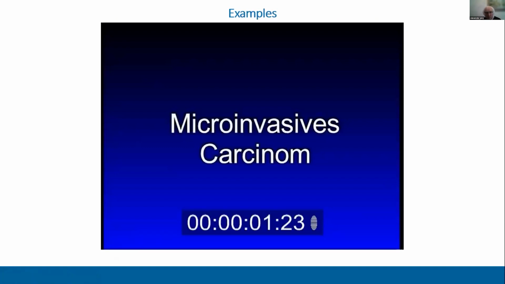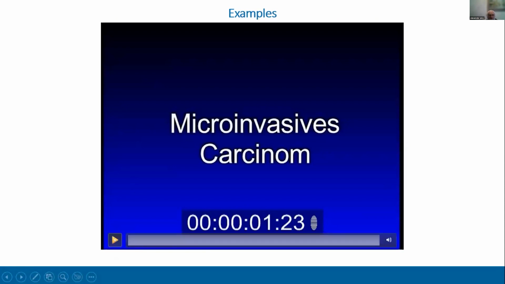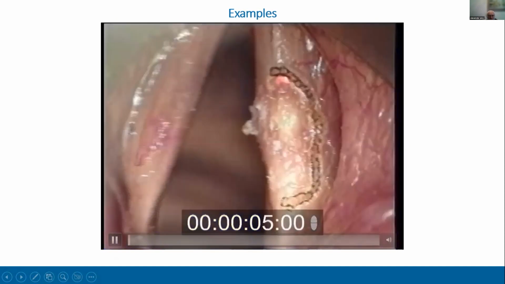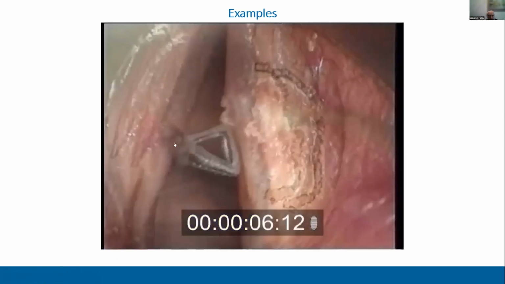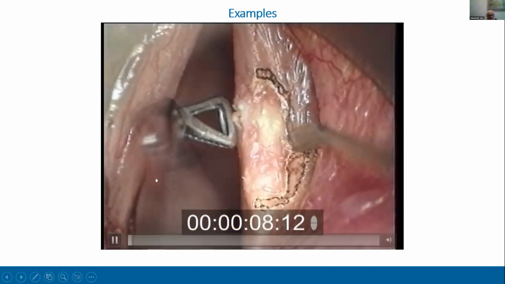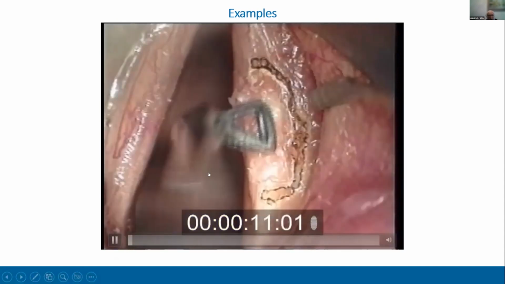And then I have a video by Professor Friedrich from the University of Graz, but we have no sound. You can see different operations. These are all laser surgeries. You can see the movement of the vocal cord.